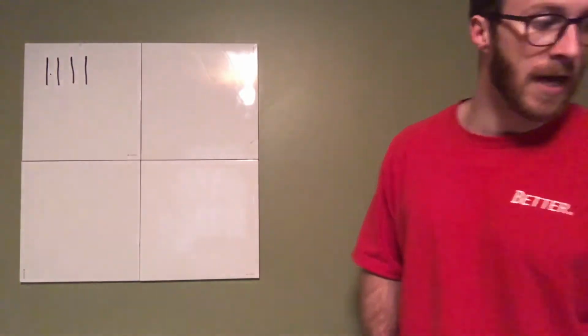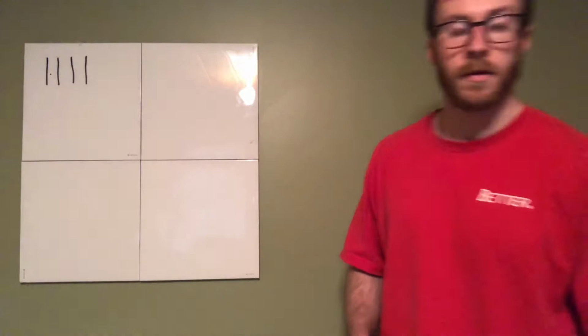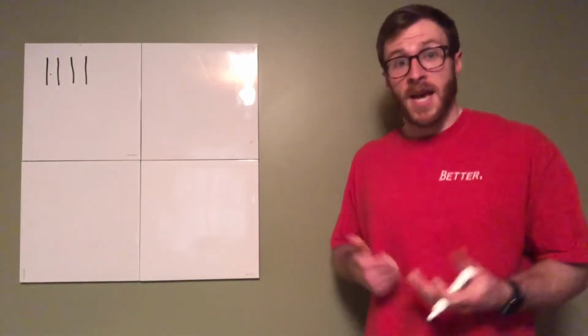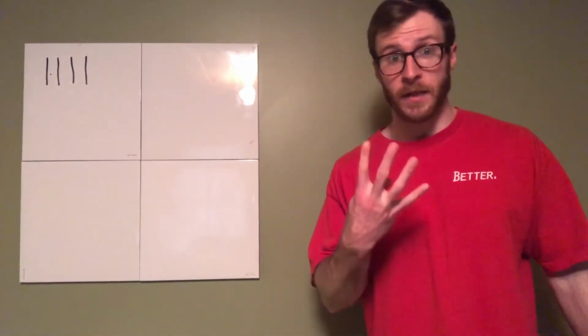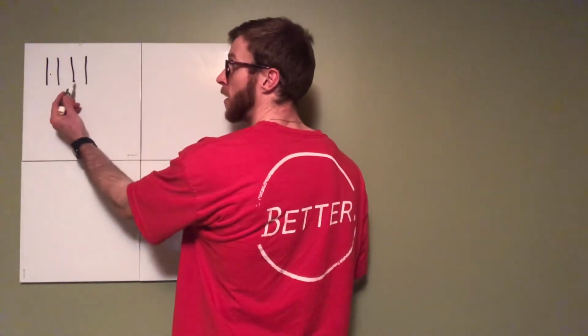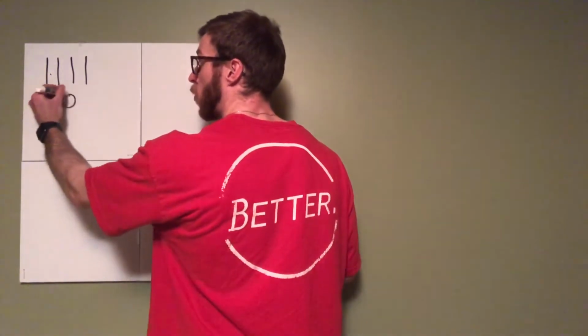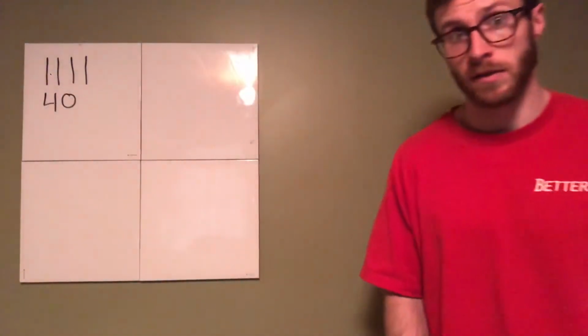What number does that equal? It equals 40. Yeah, 3 10s was 30, 4 10s must be 40. Because if we were to count by 10, 10, 20, 30, 40, we have 4 10s or 40 ones.